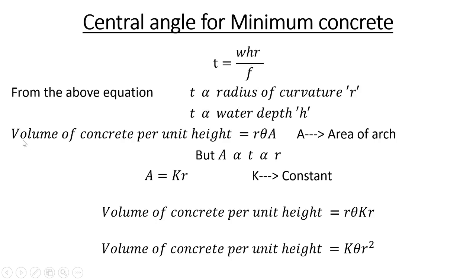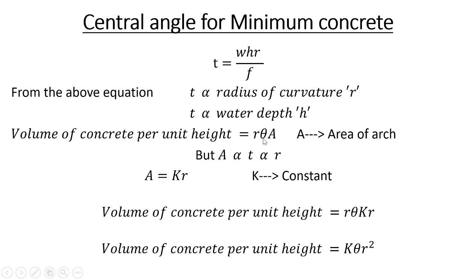Now the volume of concrete per unit height will be equal to, you know that basically volume will be equal to length into area. Here the length is arc length.